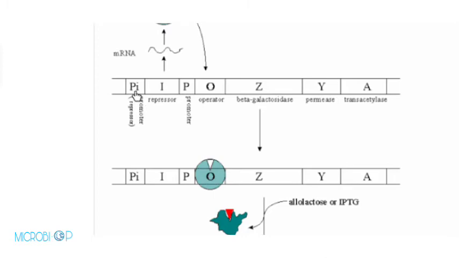We have two promoters: one for the regulator, which is the repressor, and one just before the operator.